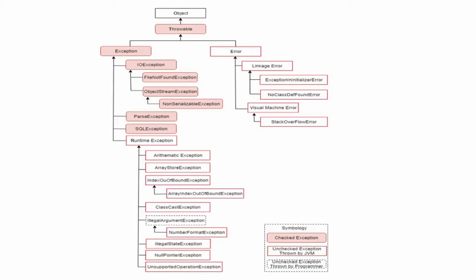This is the exception hierarchy. The Throwable class, a direct descendant of the Object class, has two further classes, Exception and Error, as I have explained. Exception has a lot of checked exceptions and RuntimeException, which is unchecked.